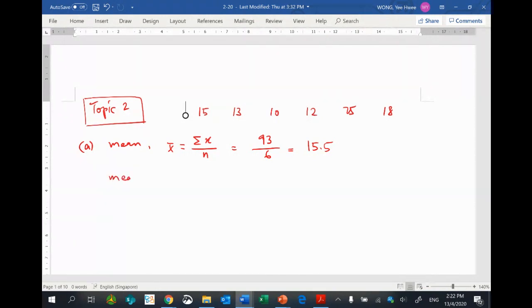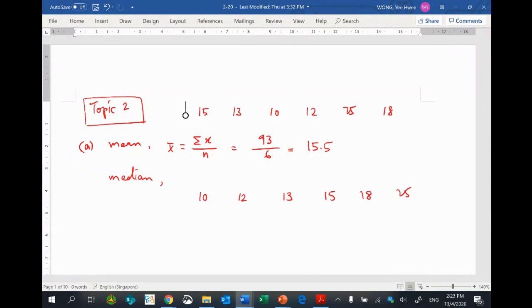Median. If you were to use the first, easier method, you just cancel until you find the center, right? But no matter which method you use, you still have to start off with the smallest number. So can you write the numbers in sequential order from the smallest to the highest?